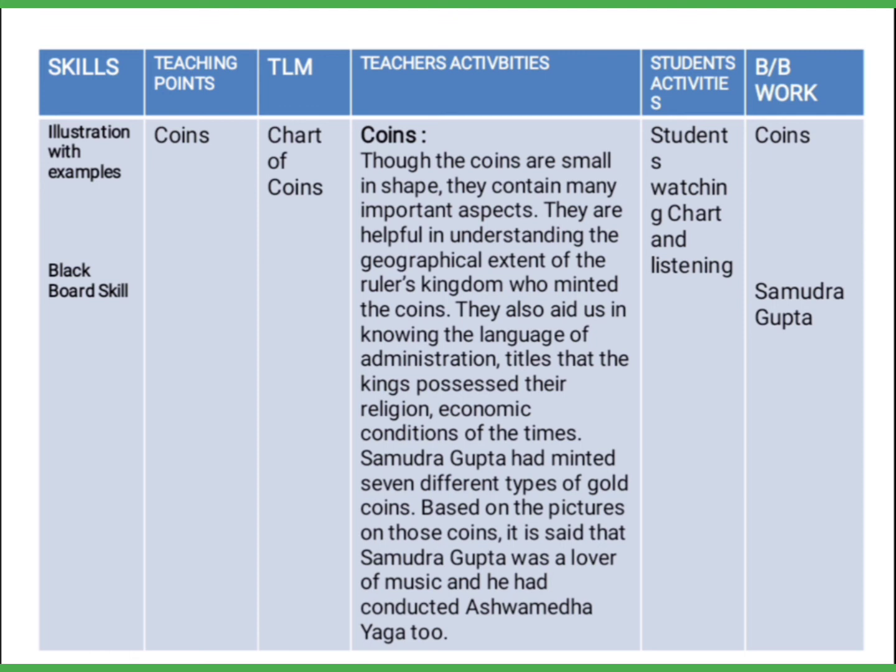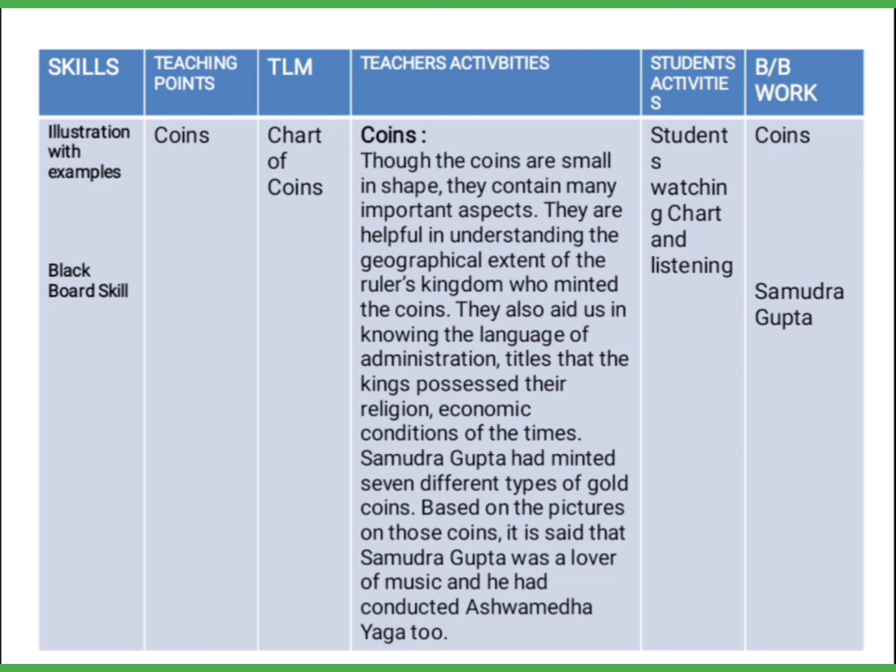Here in history, various dynasties, rulers, coins are there. Example Samudragupta, then Gautamiputra Satakarni, a Satavahana king, etc. So you collect the pictures of coins and prepare the TLM. You show the students.